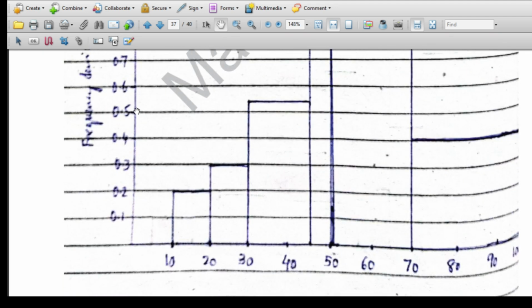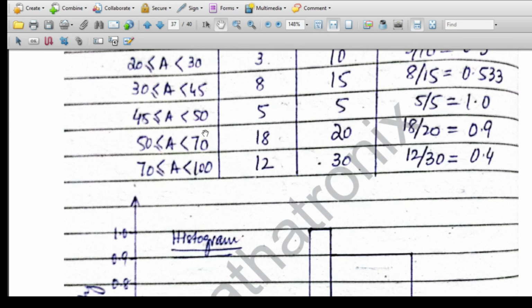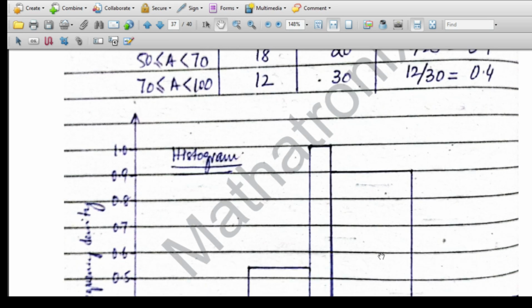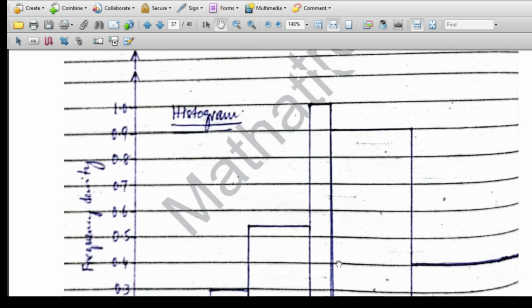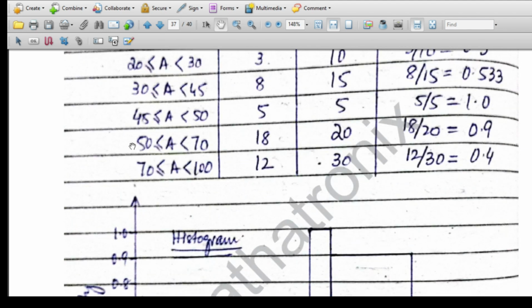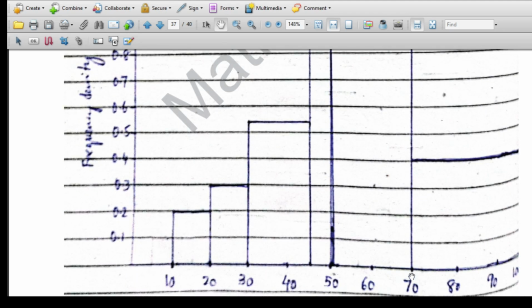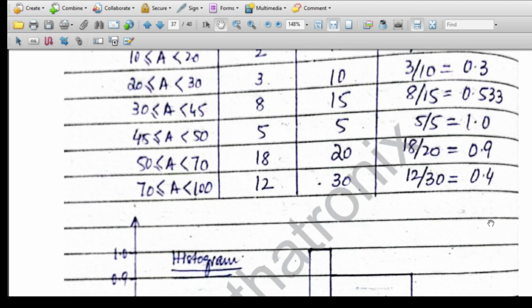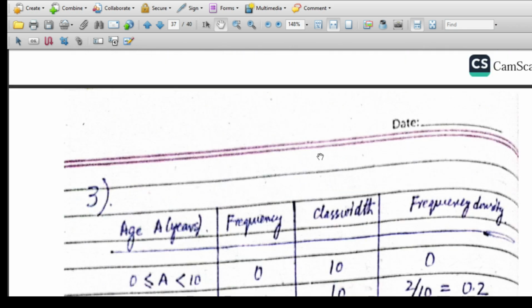For 45 to 50 it is 1. Then 50 to 70 is 0.9, and 70 to 100 is 0.4. So this is the histogram for question number 3.